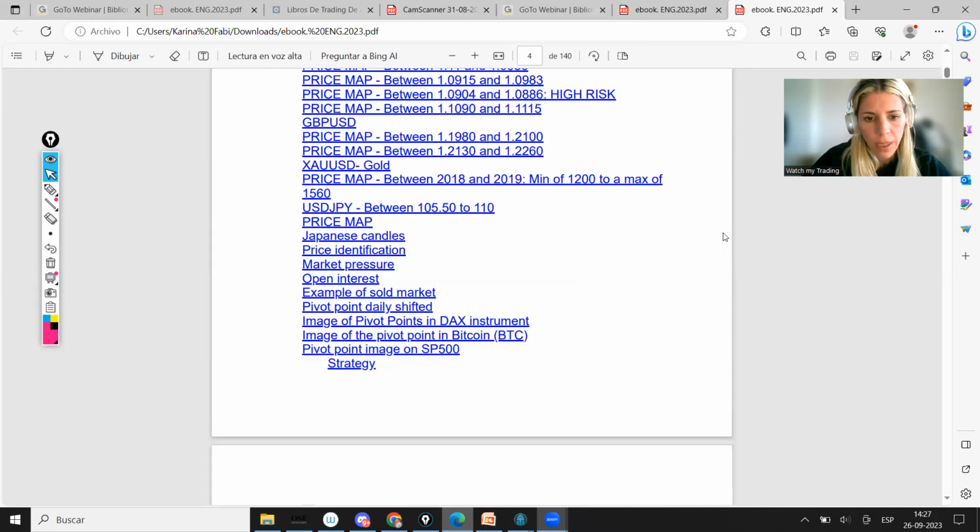Okay, so basically the idea now is to go through the levels of the market today and understand how the market developed around the market price levels. So basically the market price situation.